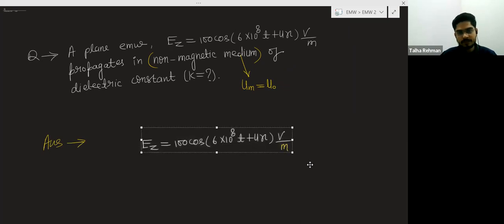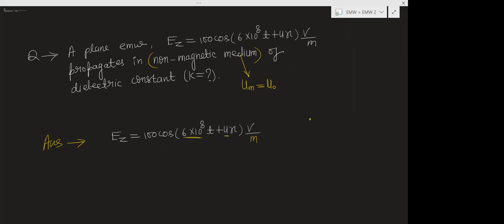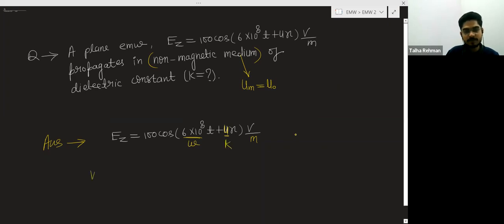Now Matthew, can you tell me in which direction this wave is going? Basically with t you have omega, with x you have k. So first calculate the speed of this wave in this medium: omega by k.